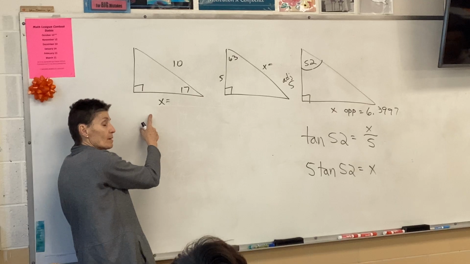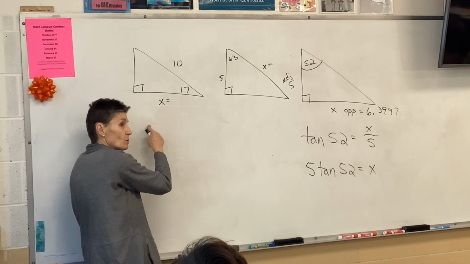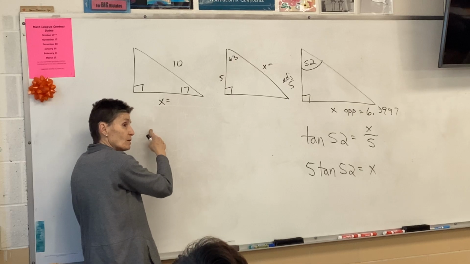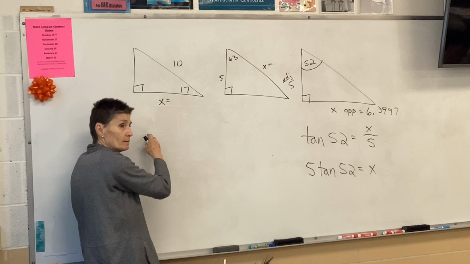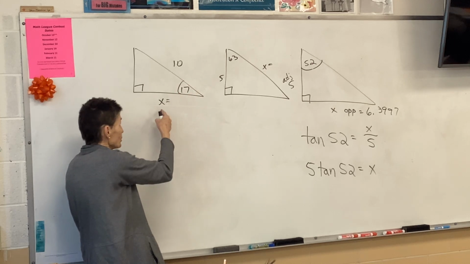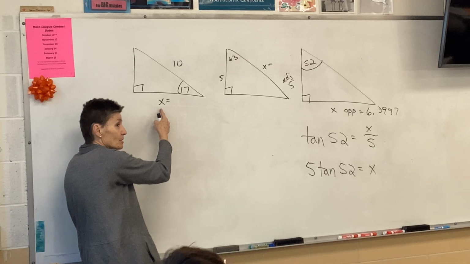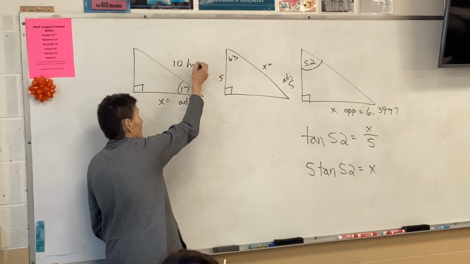Alright, let's look at this guy right here. This is question D. The first thing you gotta do is figure out if it's sine, cosine, or tangent. So here's your angle. Which side is this? Adjacent? And this is hypotenuse.